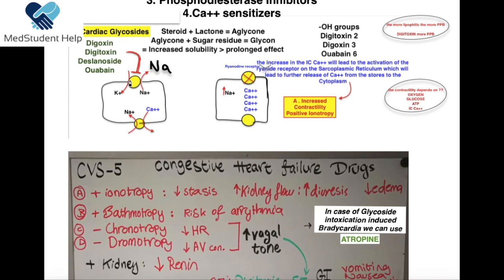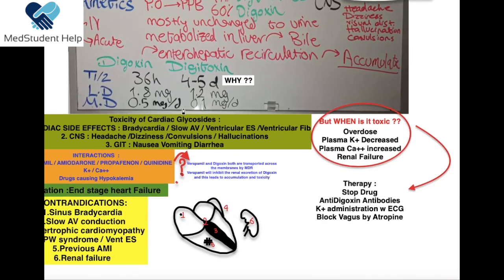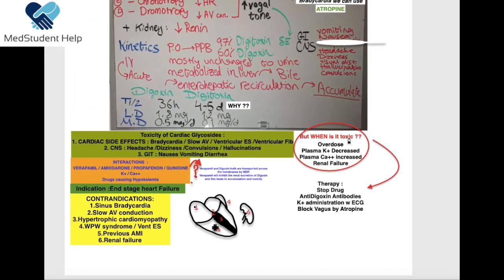Now, if there was already a low concentration of potassium in this patient's body, this means that there is not going to be so much competition between the potassium and the cardiac glycosides. And clearly, the cardiac glycosides are gonna win in this fight, and they are gonna block a lot of sodium-potassium ATPases, and this is gonna carry a huge risk of toxicity if there was low plasma potassium. Now, if there is an increase in the calcium concentration, why?